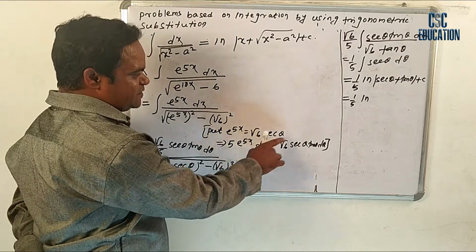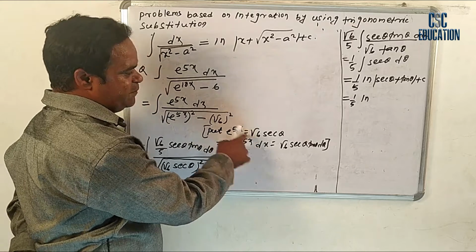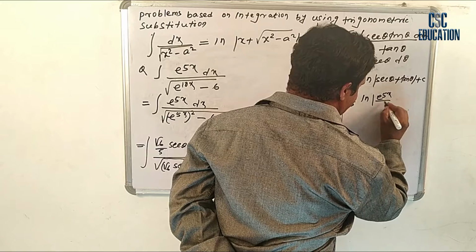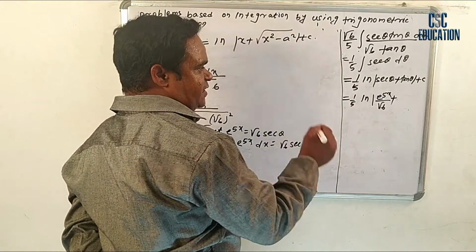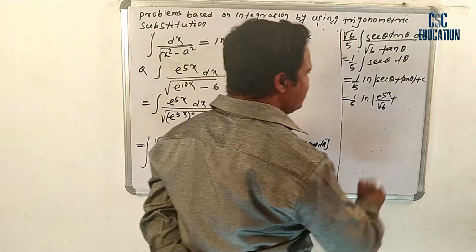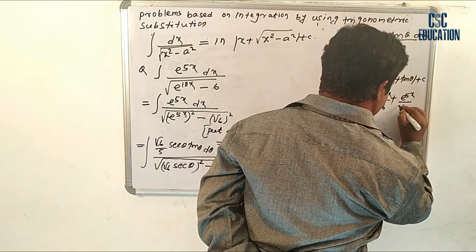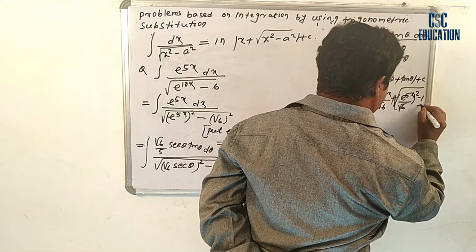In this part sec is found. So sec theta equals root e to power 5x divided by root 6. So the value is e to power 5x divided by root 6 plus tan theta, where tan square theta equals sec square theta minus 1. So that value is the square root of (e to power 5x by root 6) square minus 1, plus c.